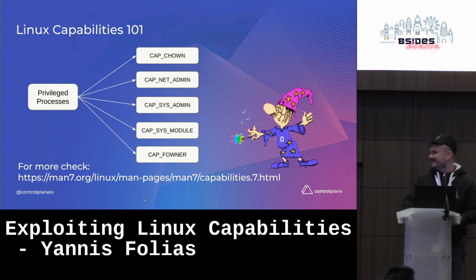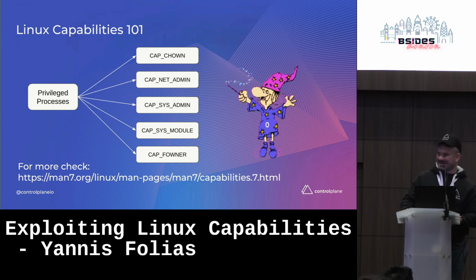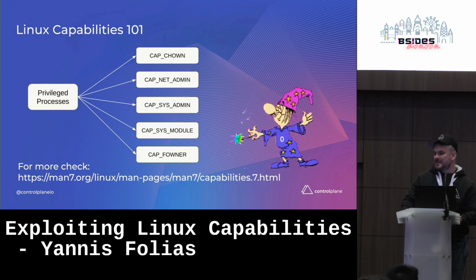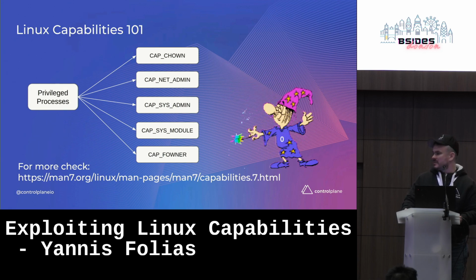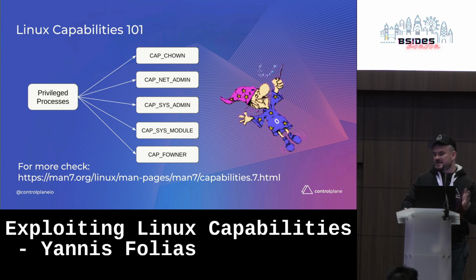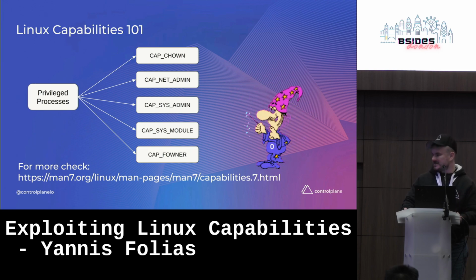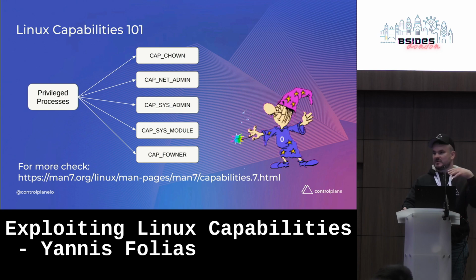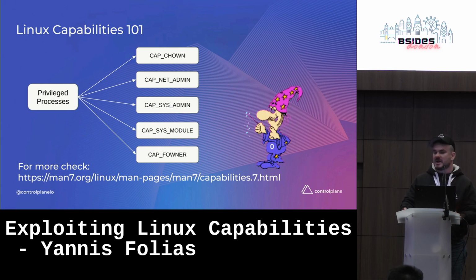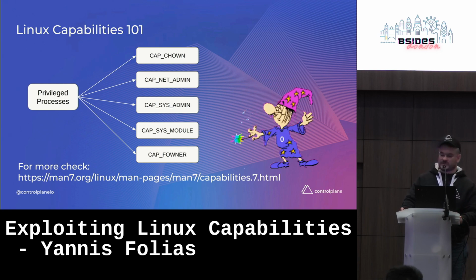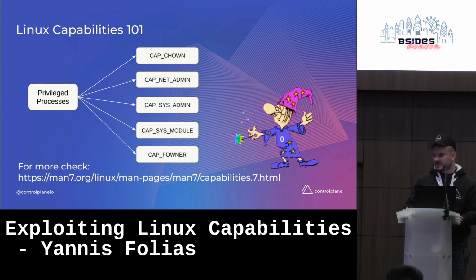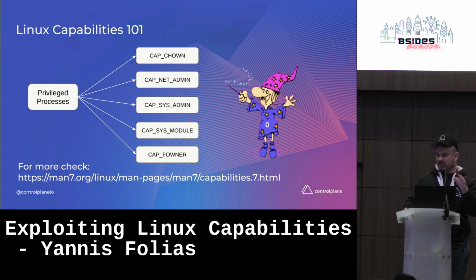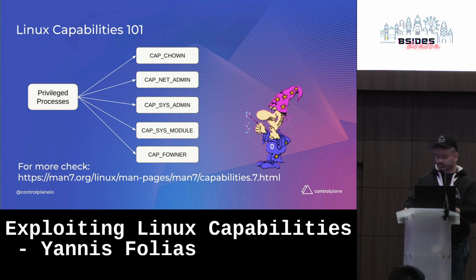What they actually are is that all the privileged processes got split into distinct units. And whatever a process might require, we can assign specific privileges to it.